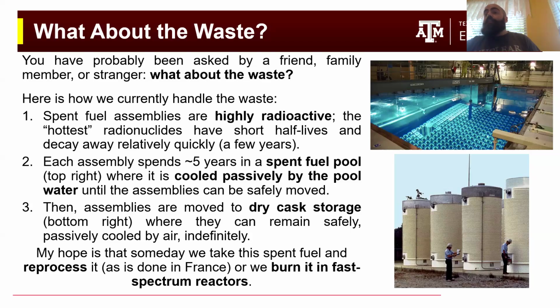That's what France does. That would be a closed fuel cycle, where once you have your spent fuel, you don't just keep it in these casks forever. You take that spent fuel after a certain amount of time and you reprocess it to get the things that you can still use out of that fuel, and then you put that back in the reactor.